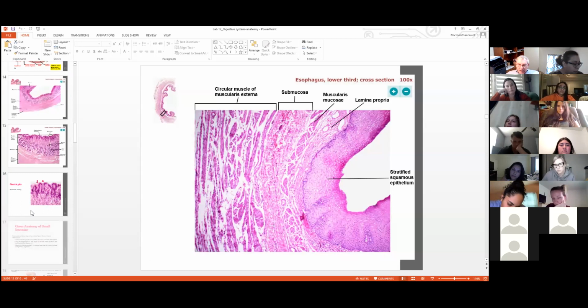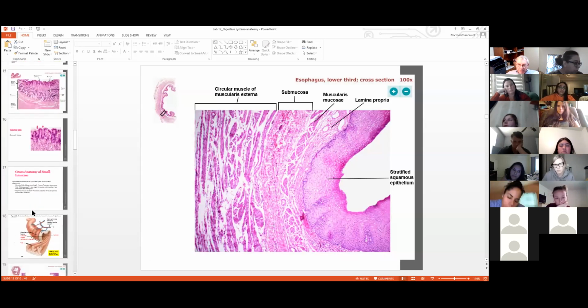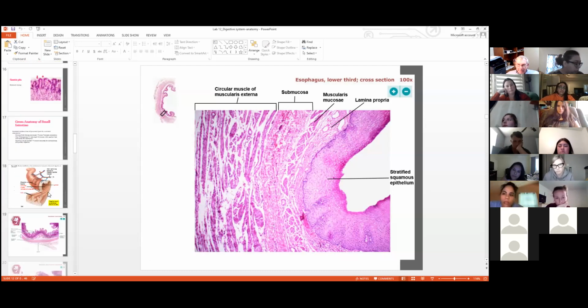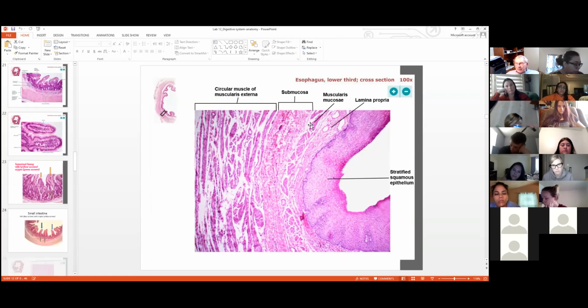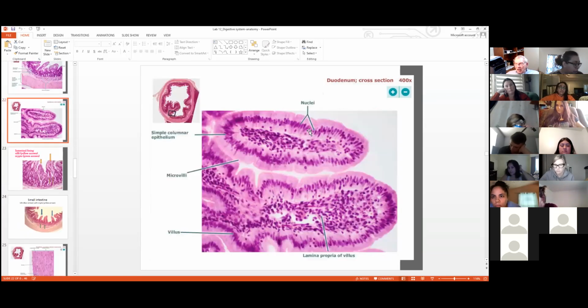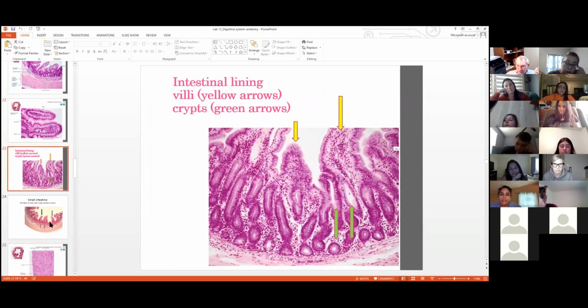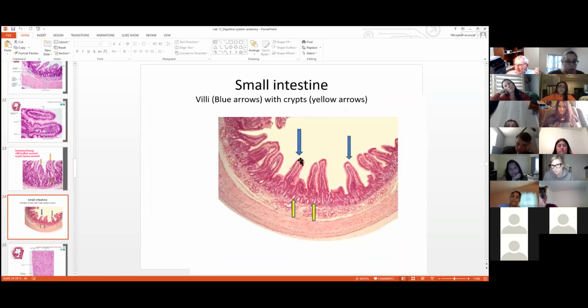And then let's go down and look at this tissue layer. Now these are not the same size pictures. This looks as big as that stratified, but if you look at it compared to the thickness of the tissue, see, these are very thin layers compared to the thickness of the submucosa down here.